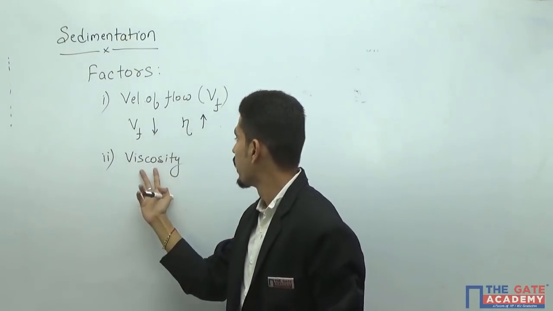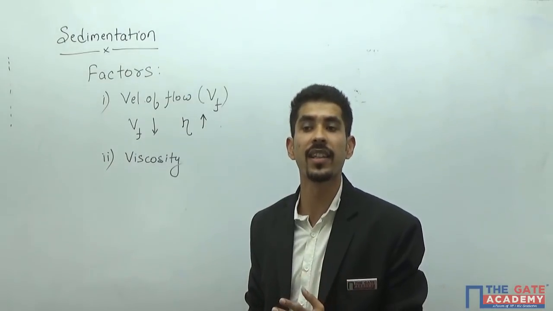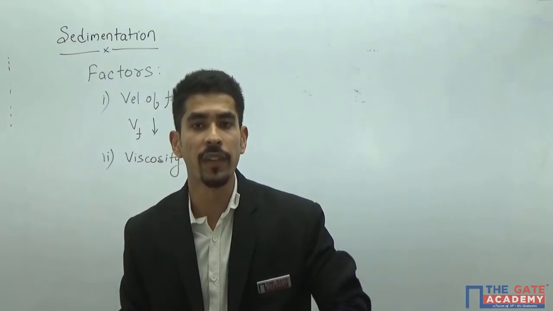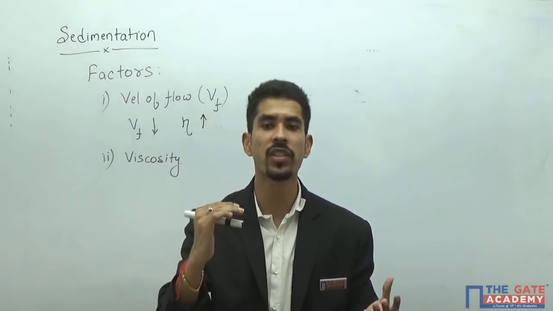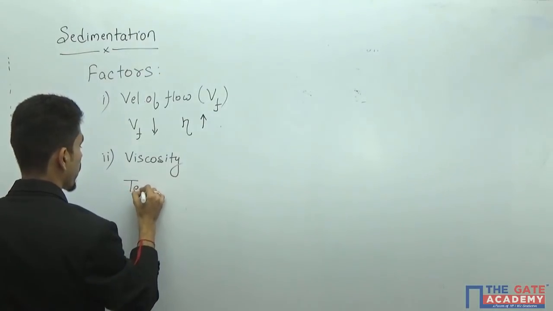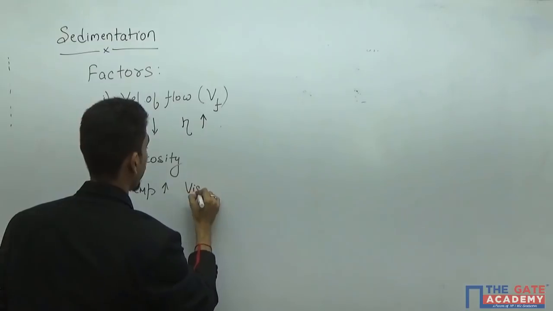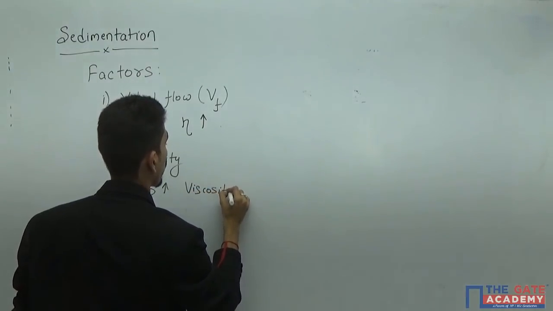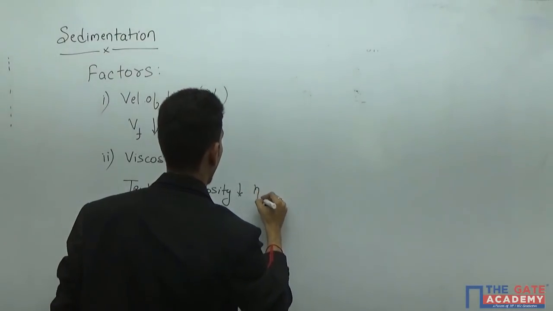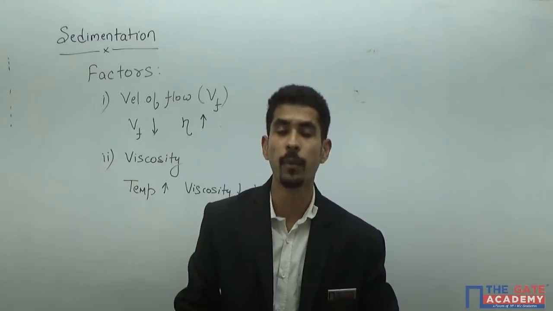If the viscosity is less, and viscosity is dependent on temperature: if you increase the temperature, your viscosity reduces. So if your temperature is more, then your viscosity will be less and your efficiency will be more.